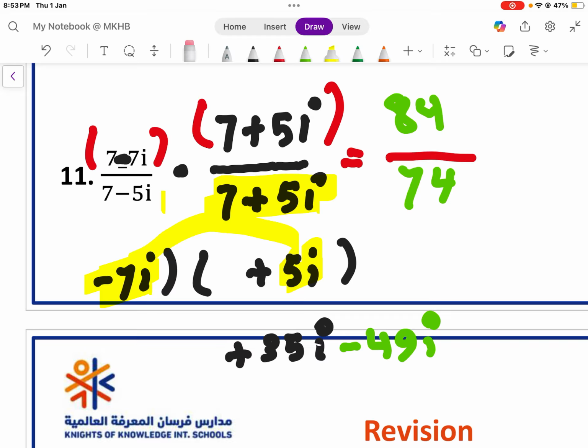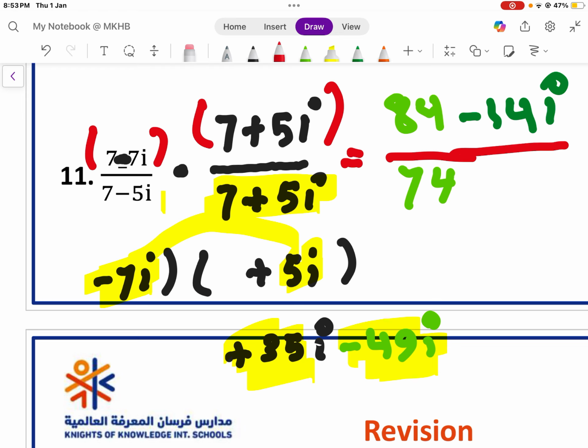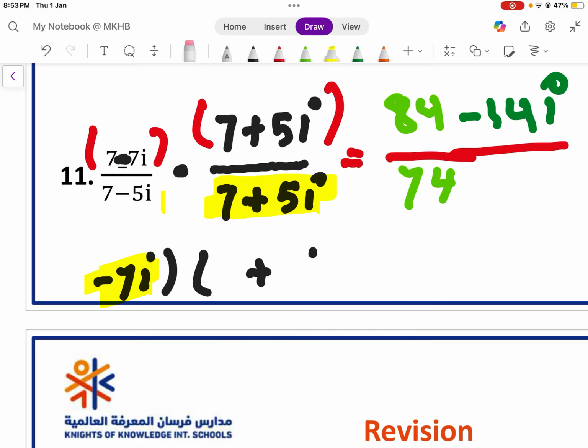It is 14, I think. Correct me if I made a mistake. Okay, I'm here. Negative 49 minus 35, negative 14. Negative 14 what? i. And we are done. You need to simplify. You are free, my dear student.